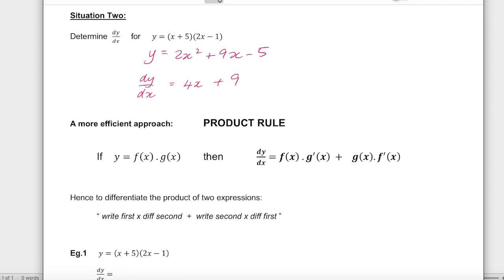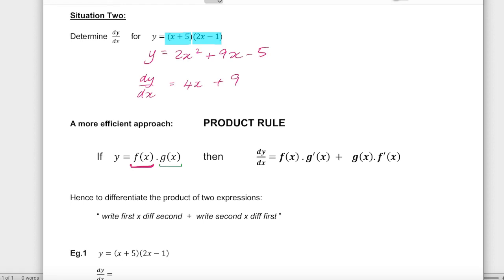However, when we're dealing with functions where we seem to have the product of two parts, we can use a more efficient approach called the product rule. Basically, when we have these two functions that seem to be multiplied together to create one function, we can find the derivative by doing the following.